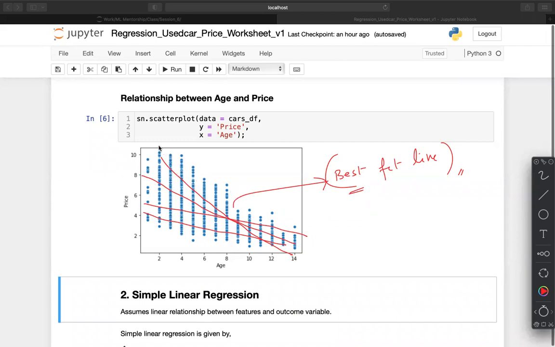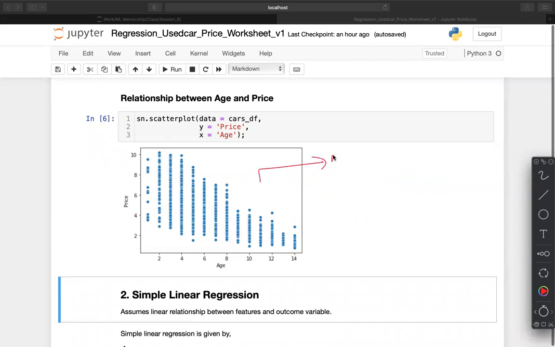Because every line here, if you talk about the lines L1, L2, L3 and L4, each has a different beta 0, a different intercept and a different coefficient. So the whole objective of building the model, when you say best fit line, is that it should have the minimum error or maximum accuracy. The line which gives the minimum error between the predicted value and the actual value.